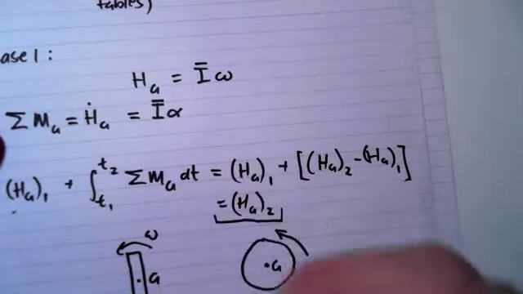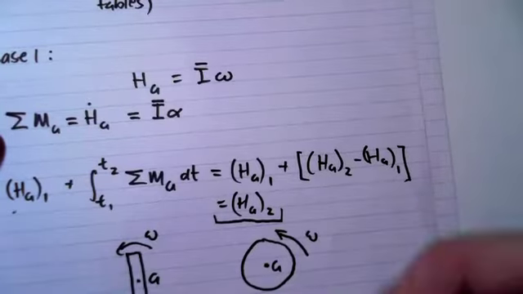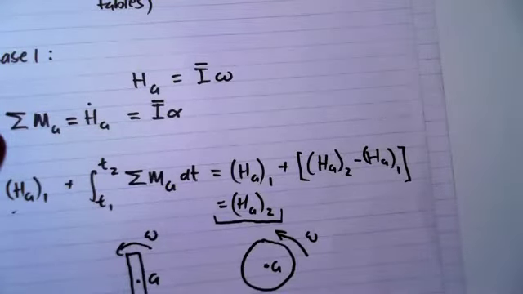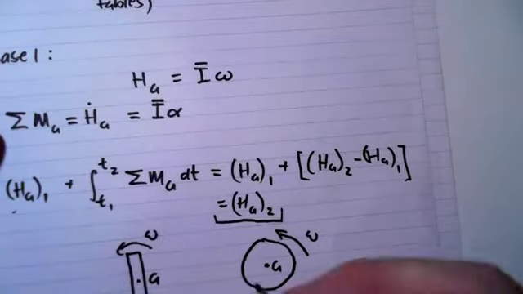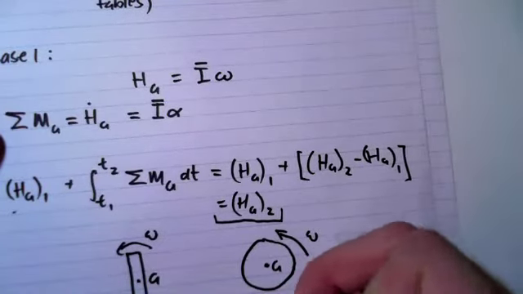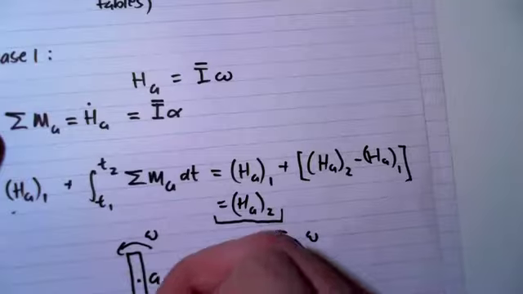So omega's about that, omega's about this, and we'll say this is a ring and this is a rod.